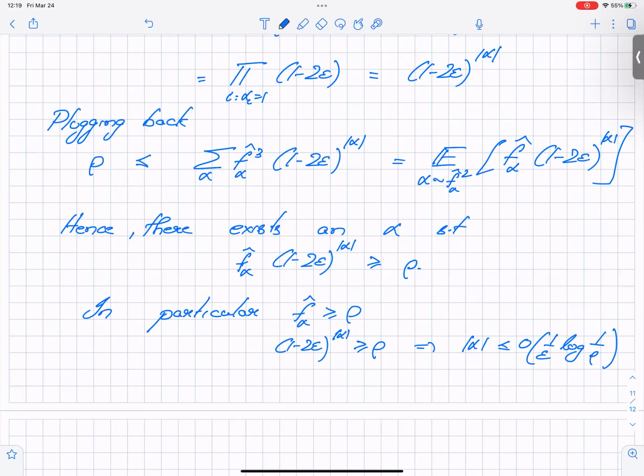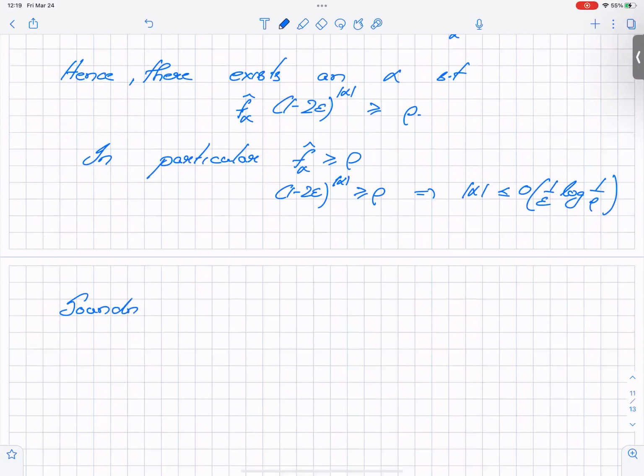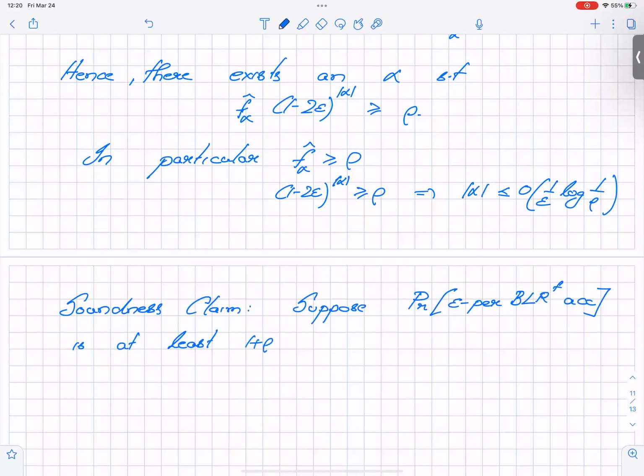So the soundness claim is the following. Suppose the probability that the epsilon-perturbed dictator test on F accepts is at least 1 plus rho by 2. It's slightly more than trivial random.